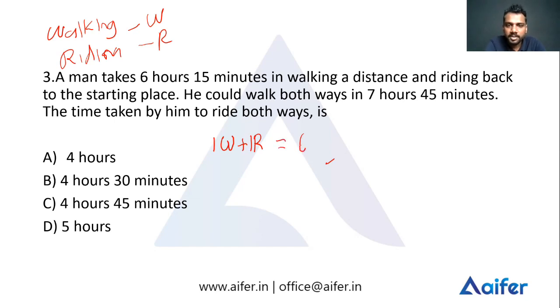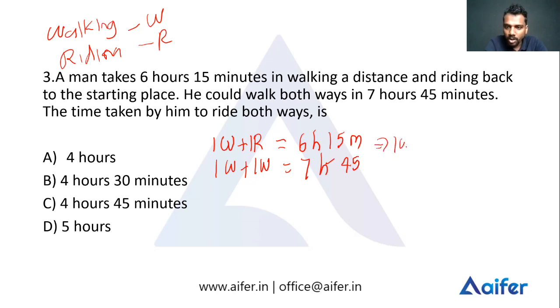He could walk both ways in 7 hours 45 minutes. That means 1 walk plus 1 walk, total 2 walk, is 7 hours 45 minutes. We want to find riding both ways. What will be 2R?